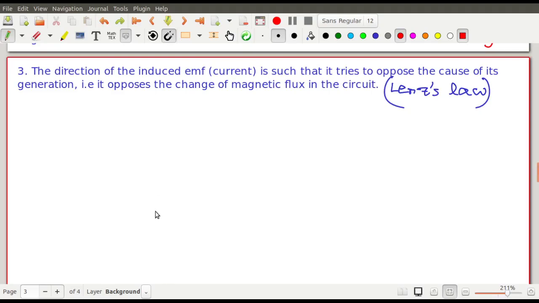If time permits, I will try to show you some example on Lenz's law, that what is the direction of the current, but basically the direction of the current is decided by the Lenz's law, that is it should oppose its own cause, right? So from all these laws we can write that E equals to minus d phi dt.